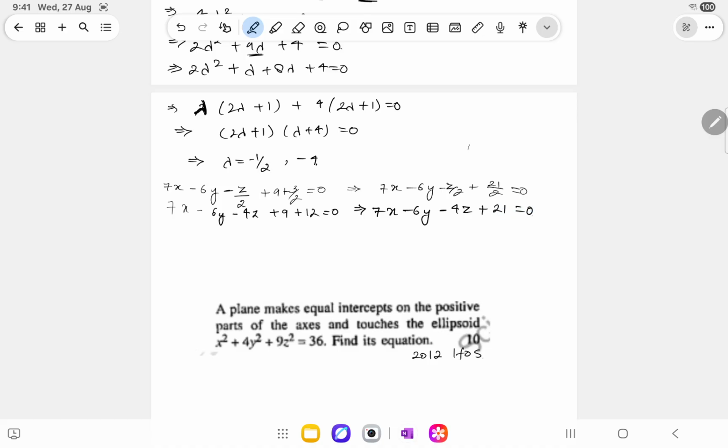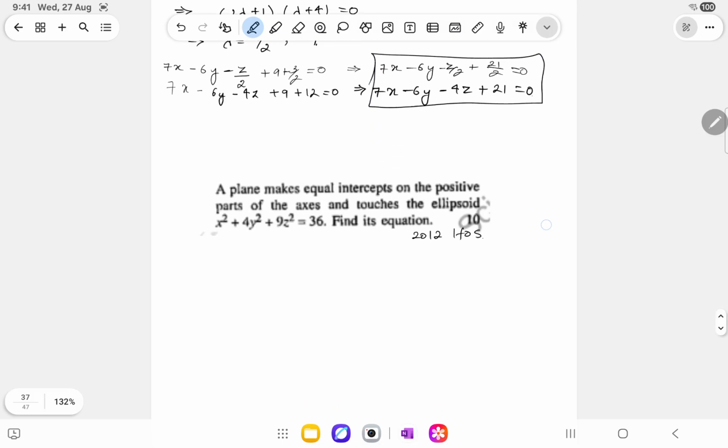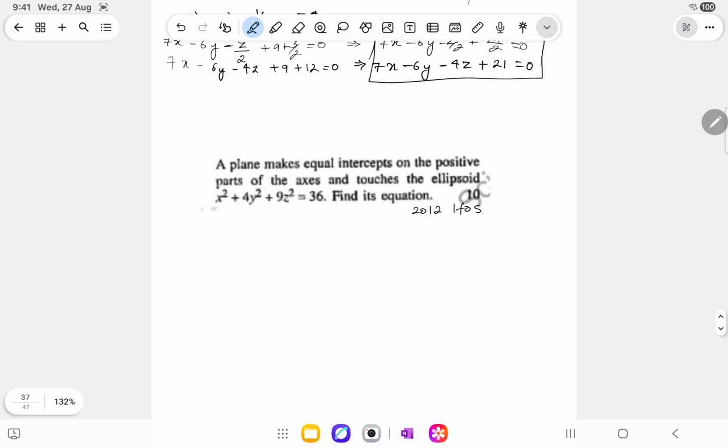So these are the two equations of tangent planes passing via the given line. So let us move on to the next question.